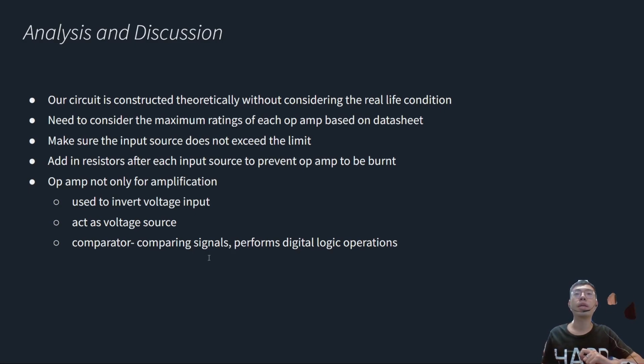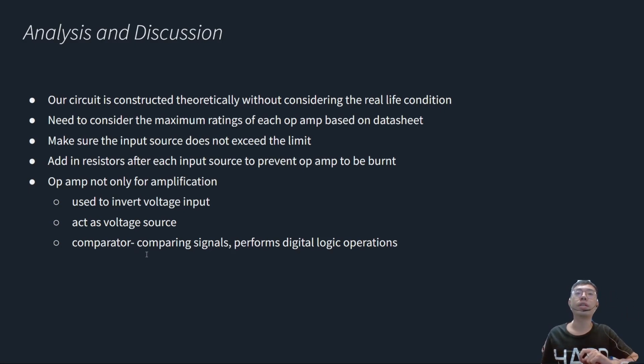to make sure the input source does not exceed the current flow into the op-amp and cause it to be burned. Additionally, after conducting this project, we have learned that an op-amp is not only used as an amplifier for voltage signals, it can also be used to invert the voltage input, just like the function of an inverting op-amp.